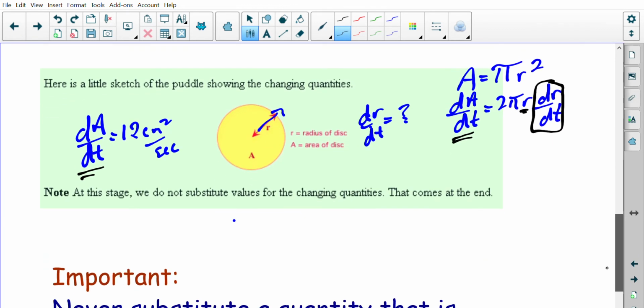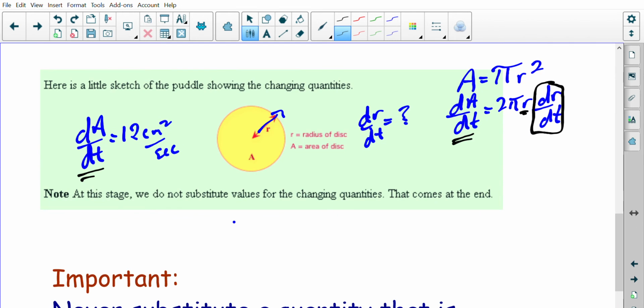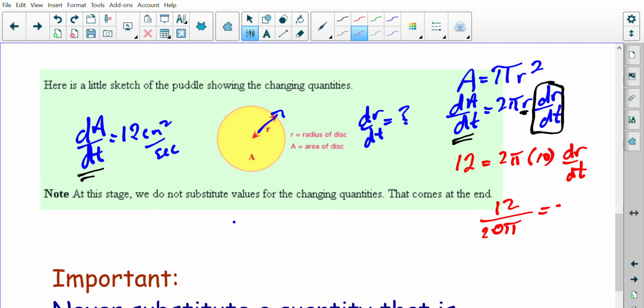I'm going to fill in now my changing quantities. So dA/dt is 12, equals 2 pi, when the radius is 10, times dr/dt. So now to get the change in radius as time passes, I will take 12 and get this product, so that's 20 pi. That will equal my change in radius with respect to time.